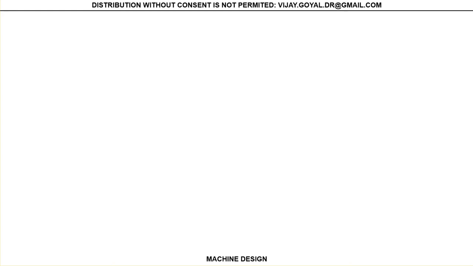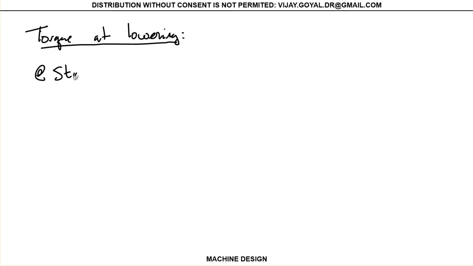What really happens when we are at lowering. Okay, so we did that for rise. Now we will do torque at lowering. What you want to do is first, again, at start, and then you will do at running.